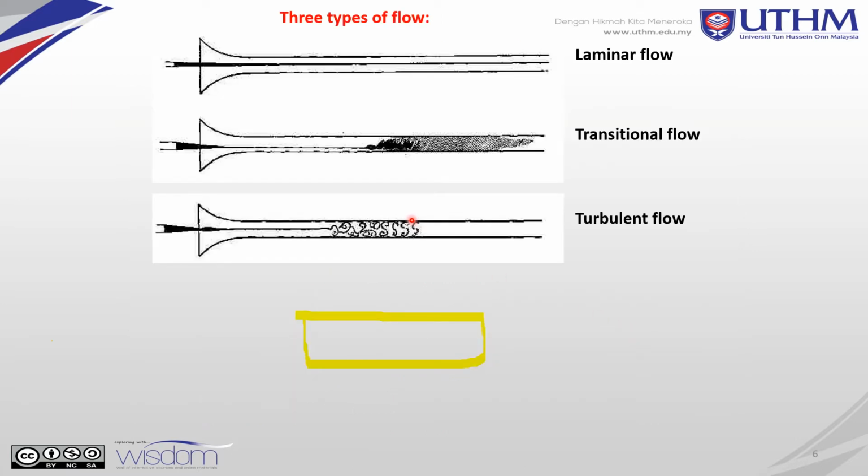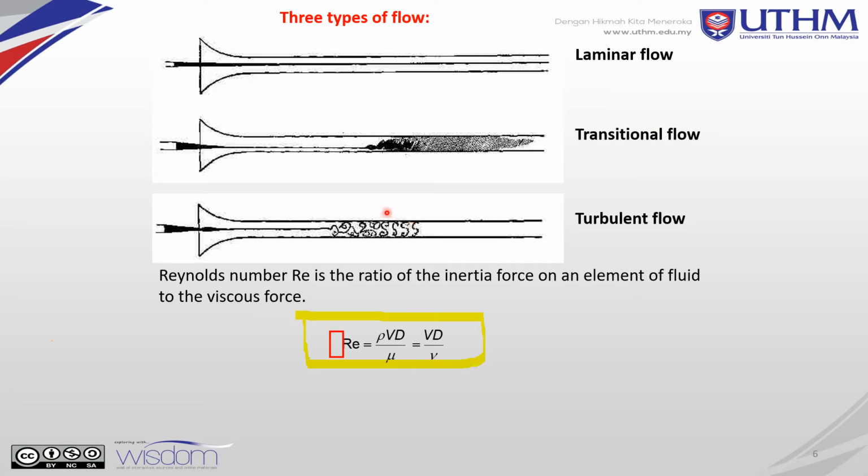There are three types of flow. Laminar flow has a smooth line. Transitional flow has a smooth line and fluctuates. And the turbulent flow fluctuates more along the line here.